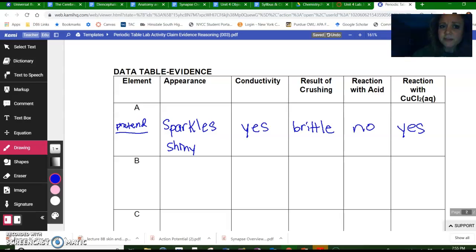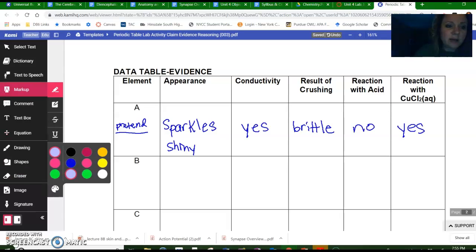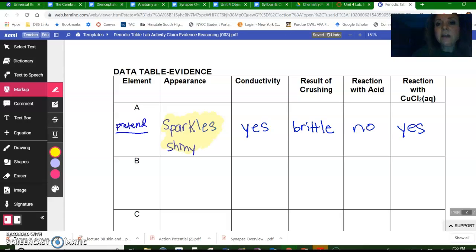So these are the different things that we have, but let's sort them out. If you recall from the previous page, I used a yellow highlighter to highlight the characteristics of metals. So metals are shiny. So this box here would be yellow, because if it sparkles and it's shiny, then it's going to be more metallic, and it conducted electricity, and that also is a metallic property.